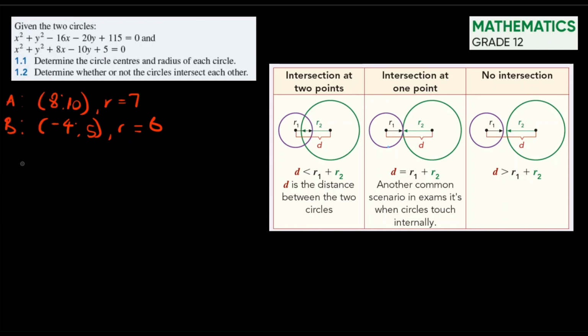What we need to do now is find the distance between coordinate A, the circle center of the first circle, and the circle center of the second circle. We'll use the distance formula.